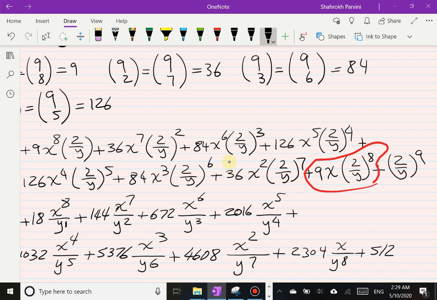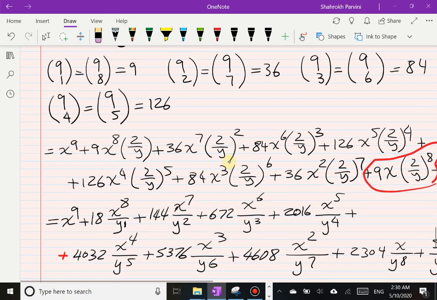And it's going to be divided by, you can write it as 1 over y to the 9th, or let me just write it as a fraction, okay? So it's going to be 512 divided by y to the 9th, because there is no x, right? At this point, if you want to write it as x to the 0, but that's just 1. So for that reason, we don't need it. Boy, and there you go. Check it out.